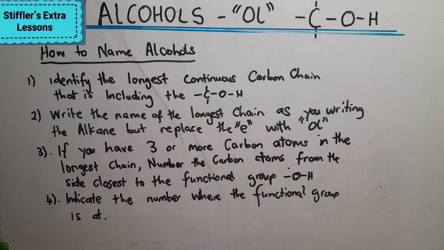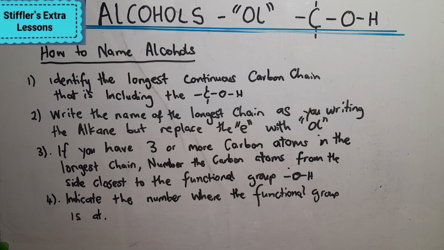So there is nothing new in naming these hydrocarbons. We still adopt some of the rules that we're using on the previous chapters, right? So if you haven't watched our previous chapters, you can go into this playlist and you can watch the videos that are naming some of the previous hydrocarbons, right?